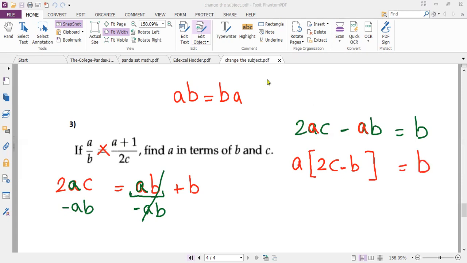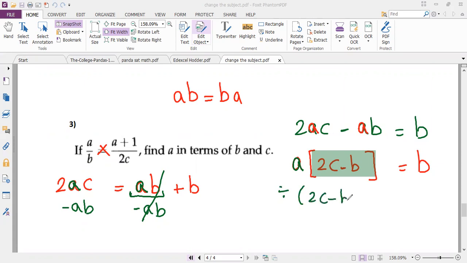Now I have a, and a is multiplied by all terms in this expression. So we can divide by all of them, 2c minus b as a whole chunk.